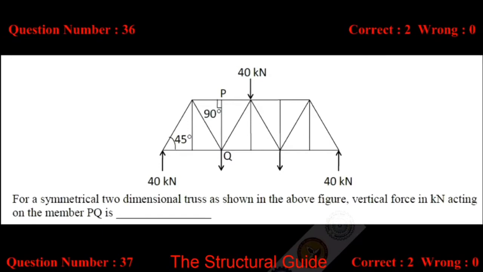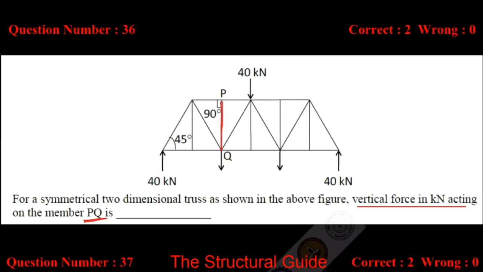So let's move to the next question, question number 36. In this symmetrical truss, you have to find the vertical force in PQ. This is the member PQ. You have to calculate the force in the member PQ.